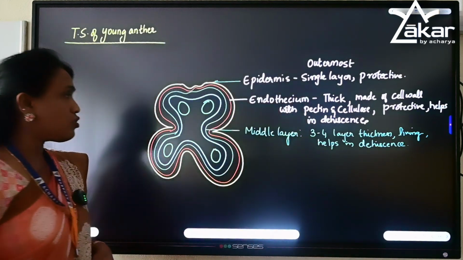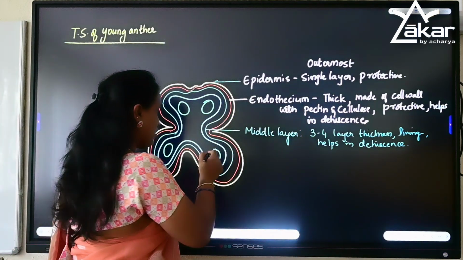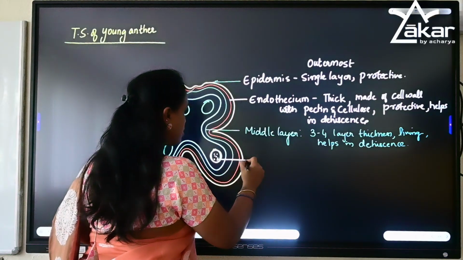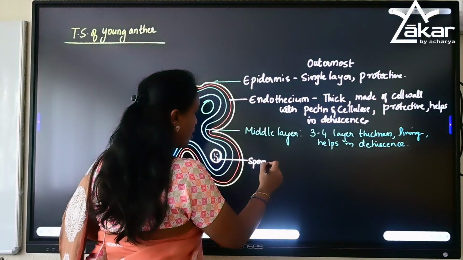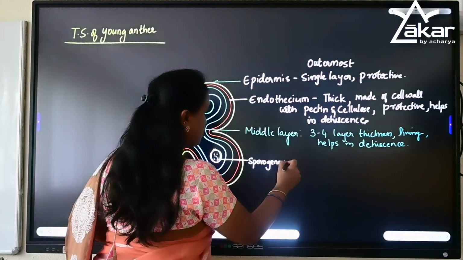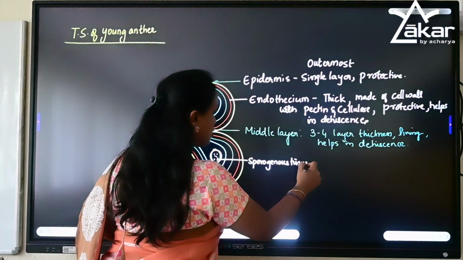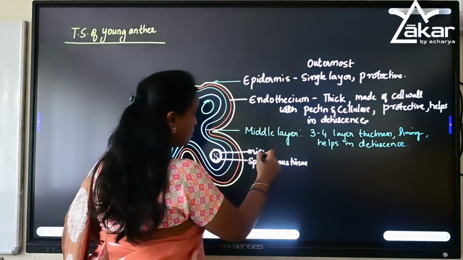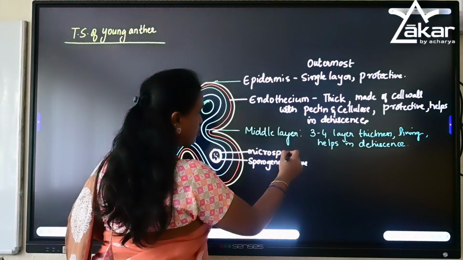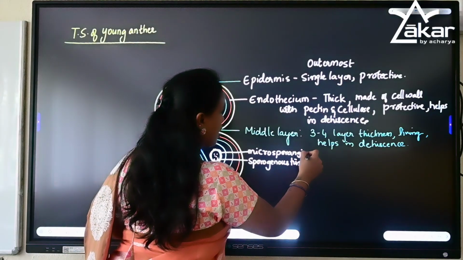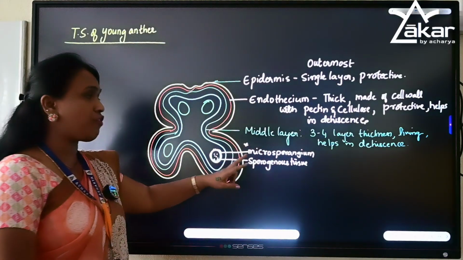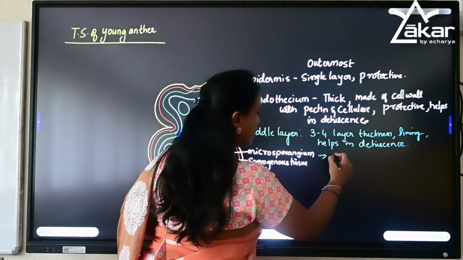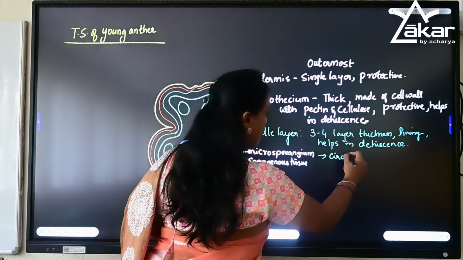Okay. So surrounding this is the sporogenous tissue, and the sac surrounding the sporogenous tissue is called microsporangium. In our NCERT they say that in TS of Young Anther, microsporangium is almost circular in outline.